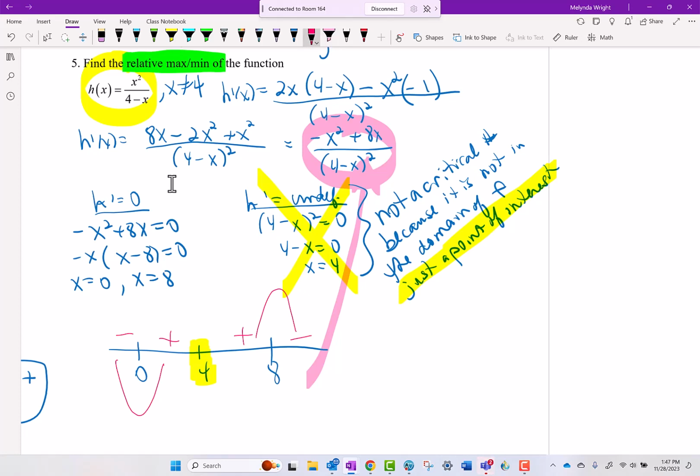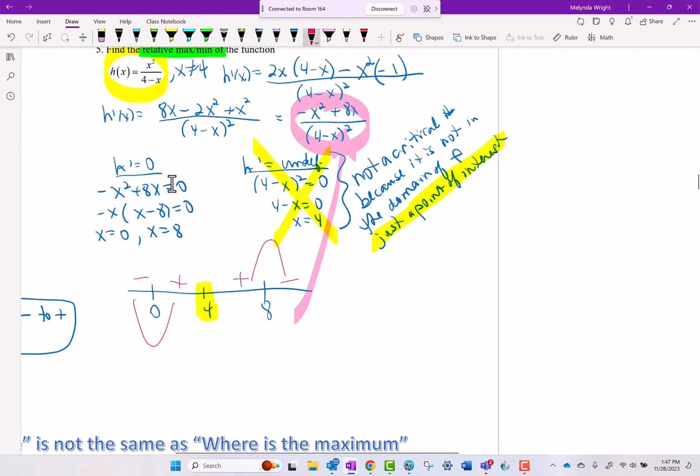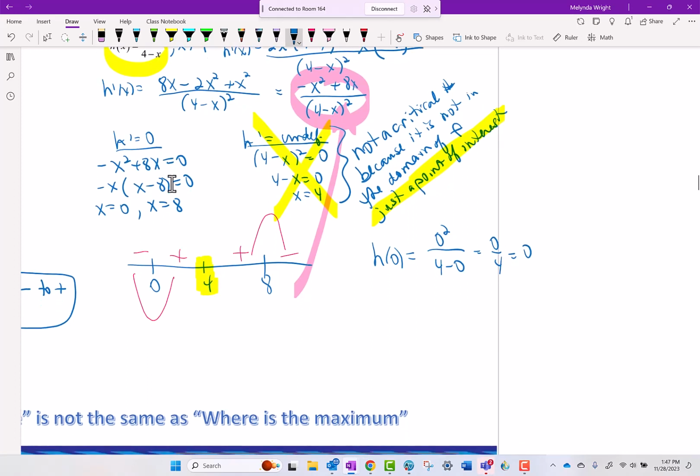All right, so here we go. We've got x equals 0. So we need to find h of 0. That would be 0 squared over 4 minus 0, which would be 0 over 4, which would be 0. So we have a relative min equals 0.